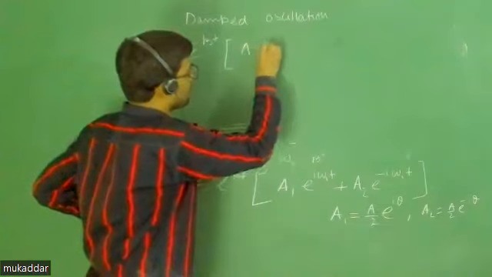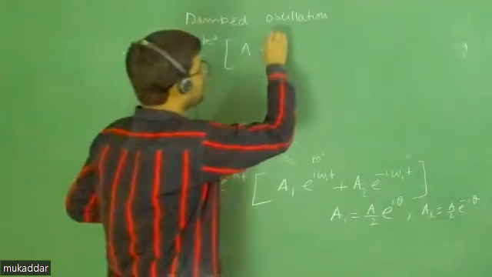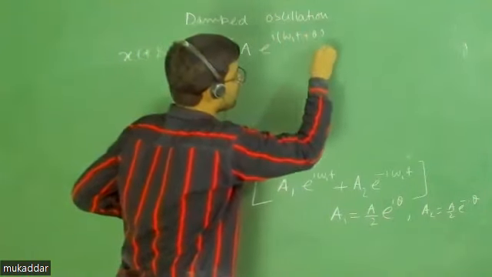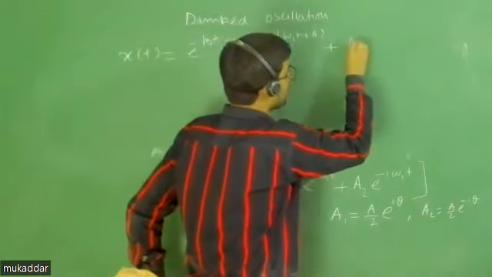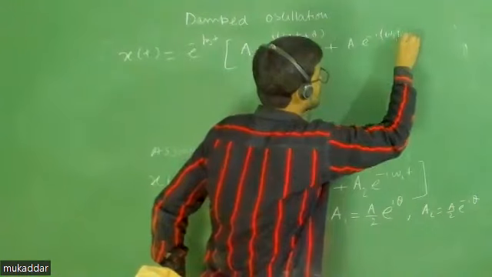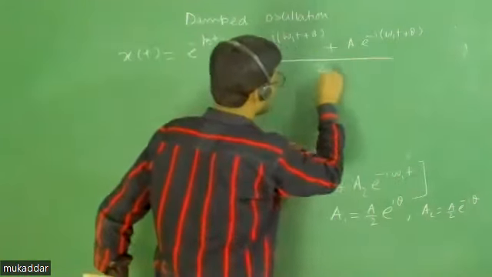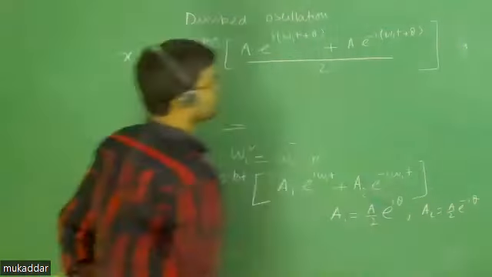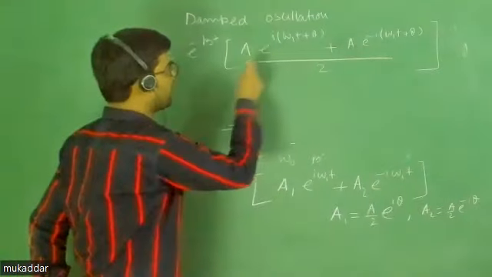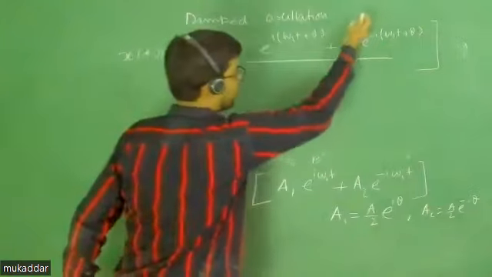So you'll have a e to the power i (omega t plus theta) plus a e to the power minus i (omega t plus theta), divided by 2. Yes, you can take a common, there is a here and a here. You can bring that a outside.